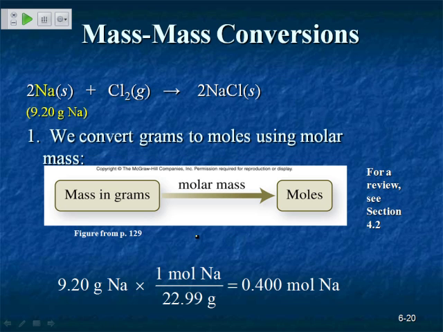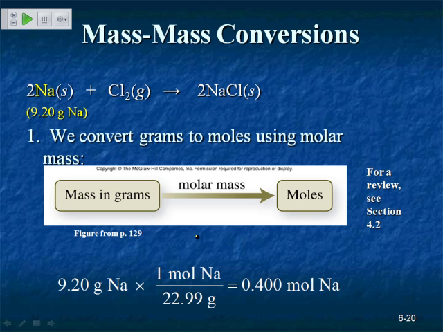So this is what we are given, 9.20 grams of sodium. And here is the molar mass of sodium. You will see in the periodic table, 22.99 grams is 1 mole, and you are using that as the conversion factor. We are looking for moles, so the mole part in the numerator, grams part in the denominator, and we will find the number of moles of sodium.